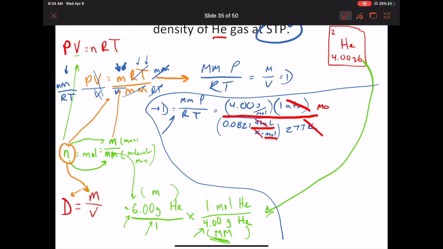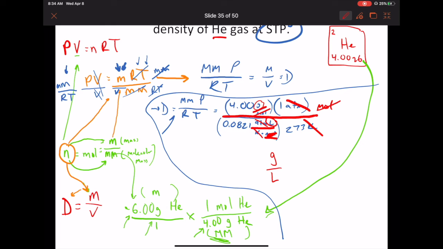So it actually is up here, and this is divided by moles. So this mole and this mole cancel out. Next up, we have grams on top, divided by liters. So our units left over are grams per liter, which is density, because we have a mass divided by a volume.